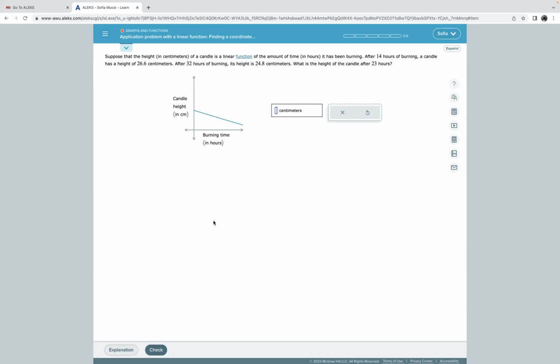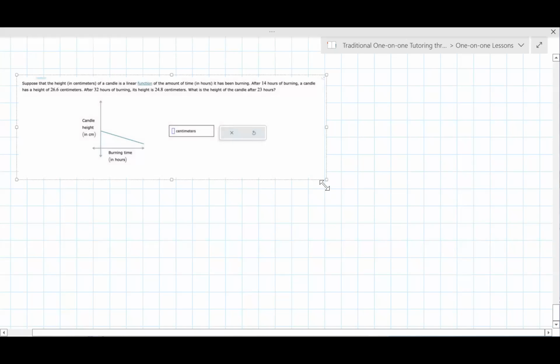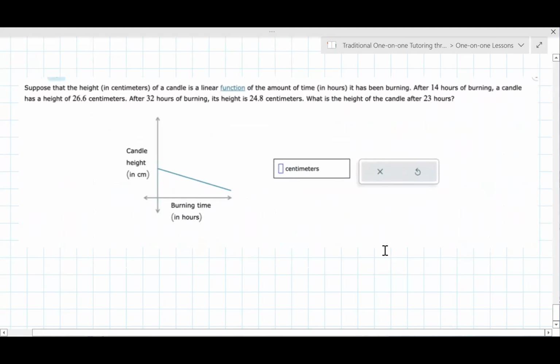Let me see if I can make this work. All right, there we go. Hopefully that'll do it. Are you seeing this now on the screen? Yeah, I can see it perfectly.